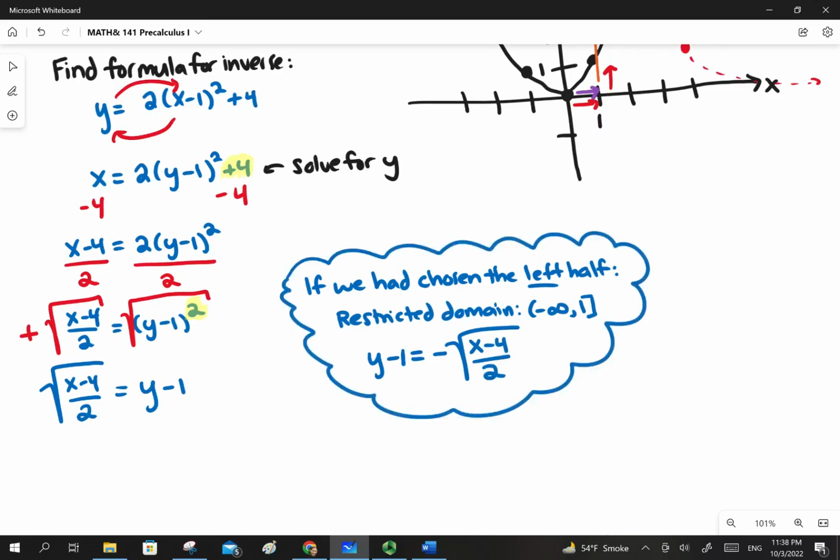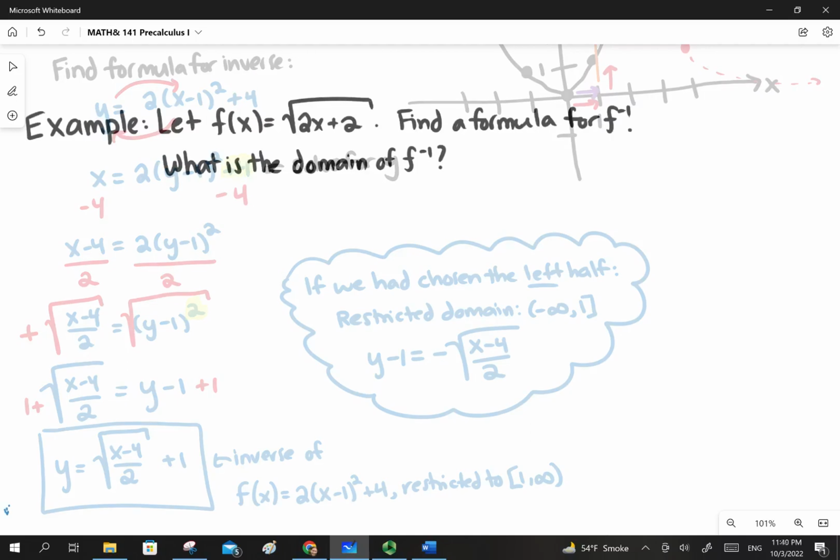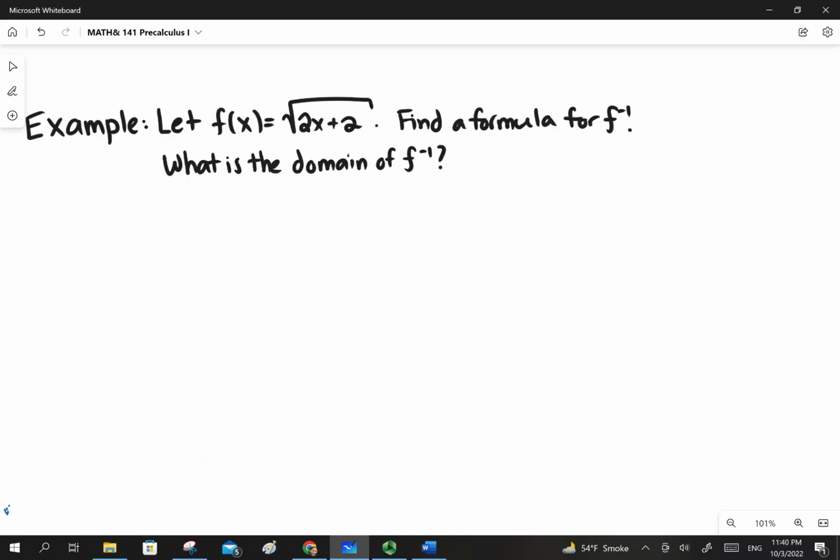To finish solving, we just have to add 1 to both sides to get that y is the square root of (x minus 4) over 2, plus 1. This is the inverse of f of x equals 2 times (x minus 1) squared plus 4, restricted to 1 to infinity. For our final example, let's let f of x be the square root of 2x plus 2.